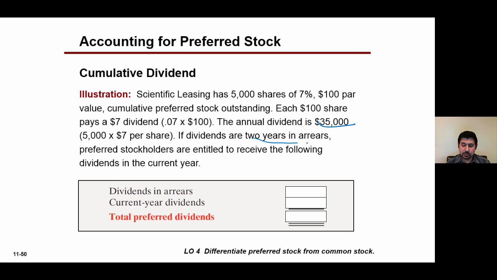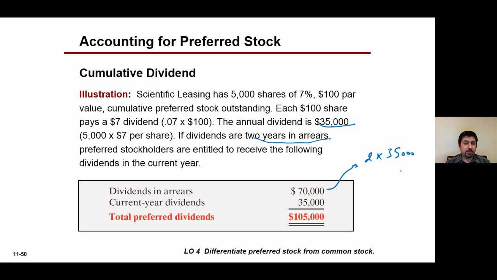If they have been 2 years in arrears, the dividends in arrears will be 2 times 35,000, which is 70,000. The current year's dividends is again 35,000. As a result, the total preferred dividends they are entitled to will be 105,000.